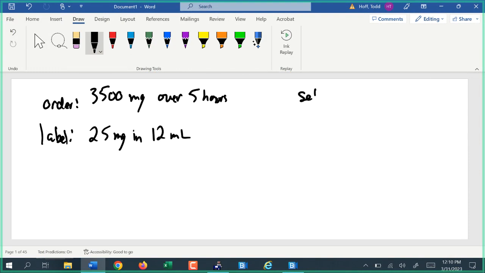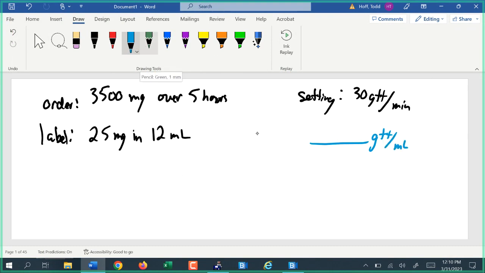And we have our setting as a flow rate of 30 drops per minute. So I want you to find for me that drop factor, drops per milliliter. Once again, I'll give you a minute and a half or so, and then we'll go over that.